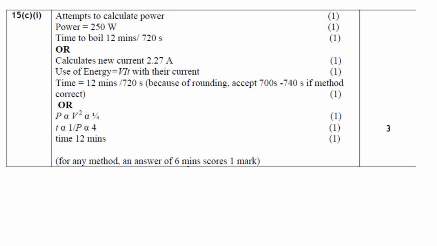Or you can use power is proportional to potential difference squared, which is proportional to a quarter. So T is proportional to 1 over P, which is proportional to 4 times 12 minutes. For any method, an answer of 6 minutes scores 1 mark.